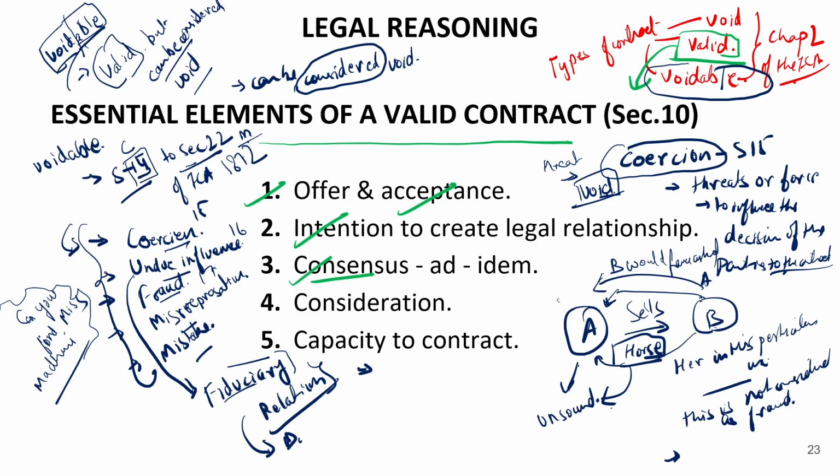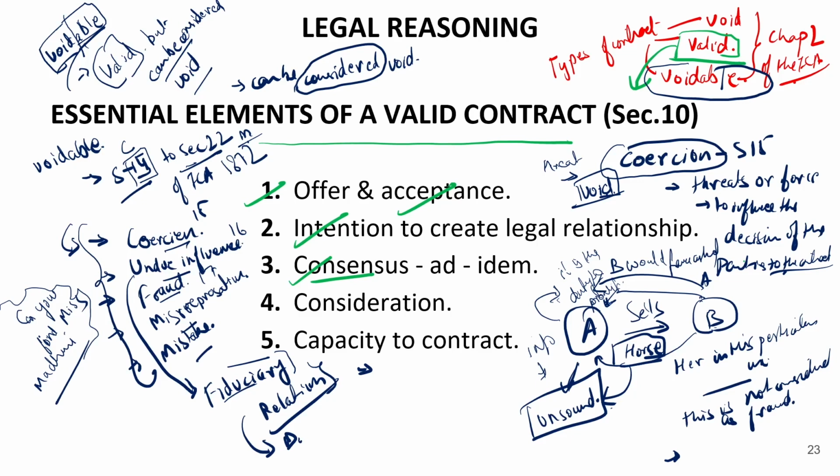And if A knows that the horse is of unsound mind, then since there is a relation existing between A and B, it is the duty of A to provide information about the unsoundness of mind.